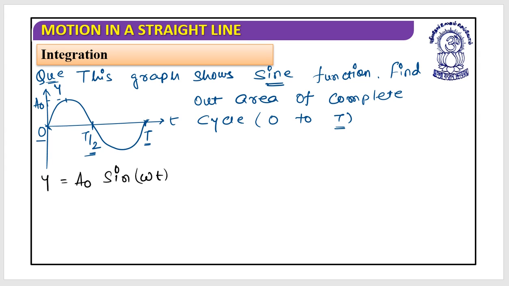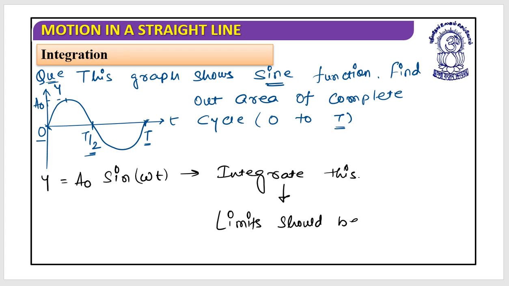So first let me know what you are supposed to do with this. Yes, I need to integrate this, and my limits should be 0 to t. So shall I show you this?